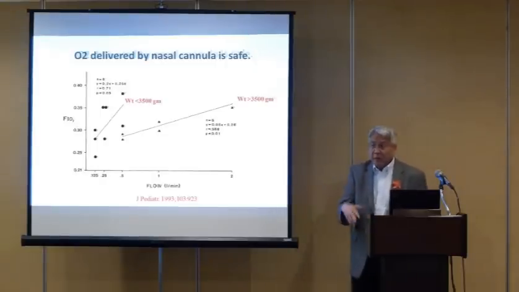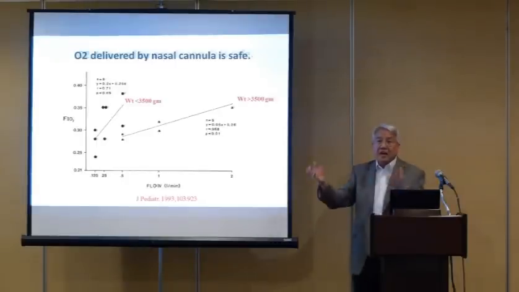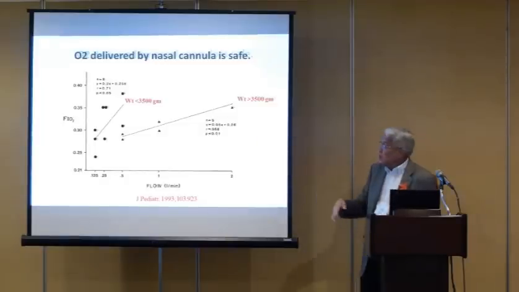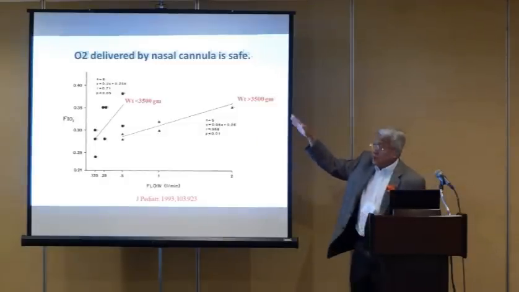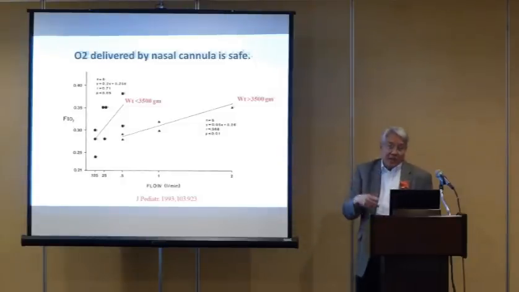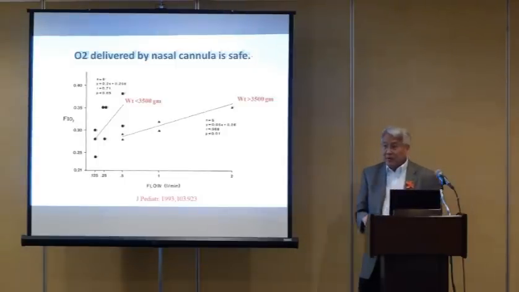But in older children, inspiratory flow rates are much higher, so when they take in a breath, they pull in a lot of room air around that oxygen and dilute it down. So I don't think that one can deliver a high enough oxygen concentration by nasal cannula at the flow rates that we use to really be worried about damage to the lungs. I guess that's the point.